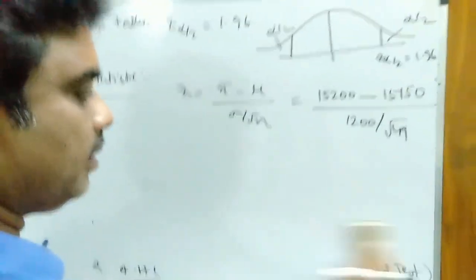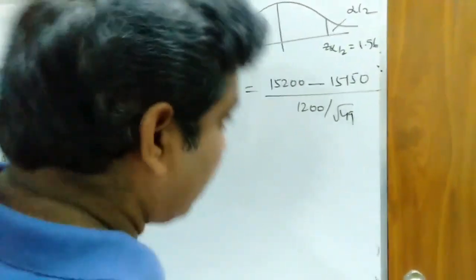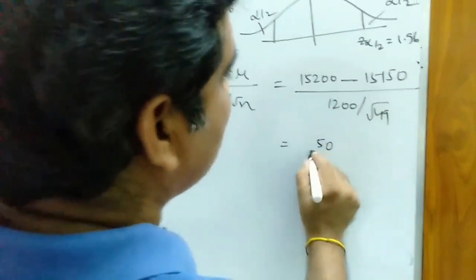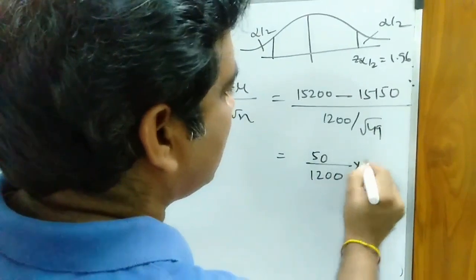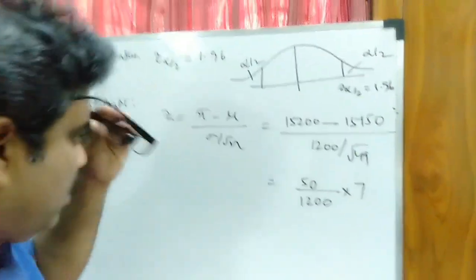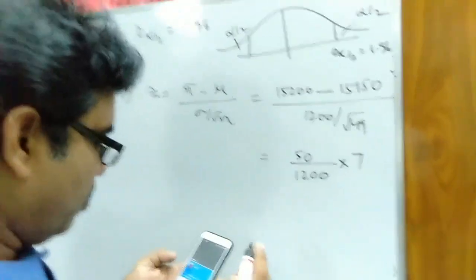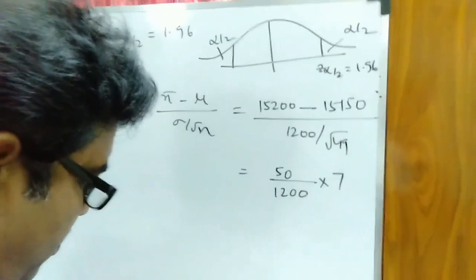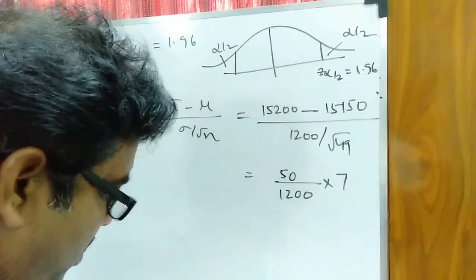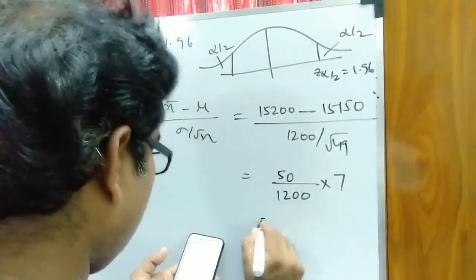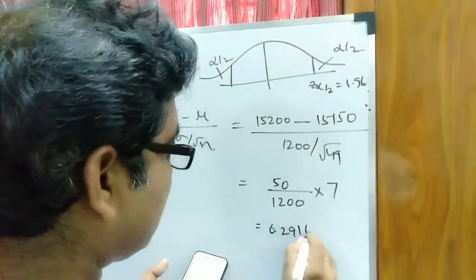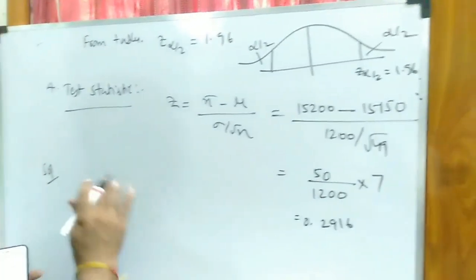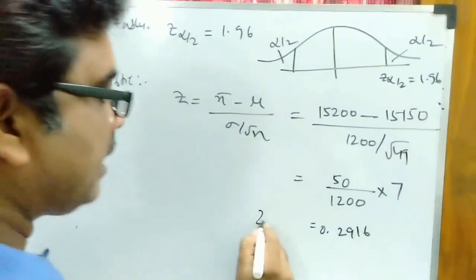So I'm simplifying: the numerator will be 50, am I right, by 1200 into 7. So what is this value? 0.2916. Verify on the calculator, 0.2916. This is called the Z calculated value.